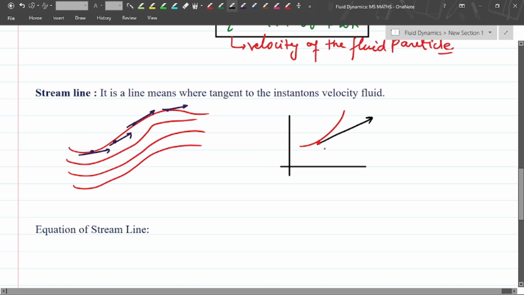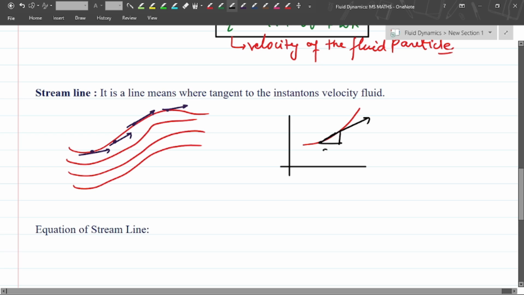Now the tangent is in the direction of velocity.